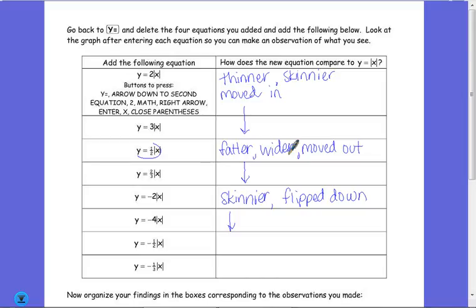One thing you should have definitely written down, because of those negatives, it was definitely flipped down. But if you look at the numbers, these are fractions again. Well, where else did we see fractions? Here and here. So you should have written down that they were fatter or wider.